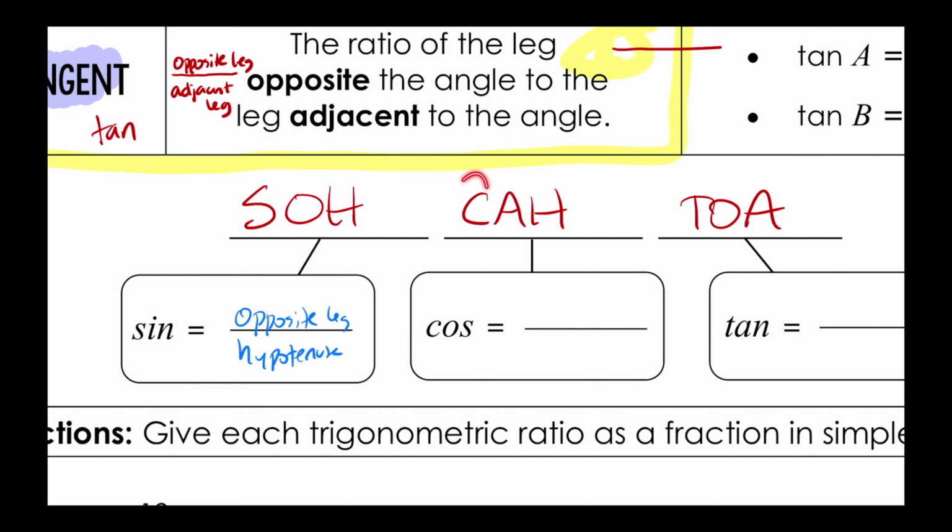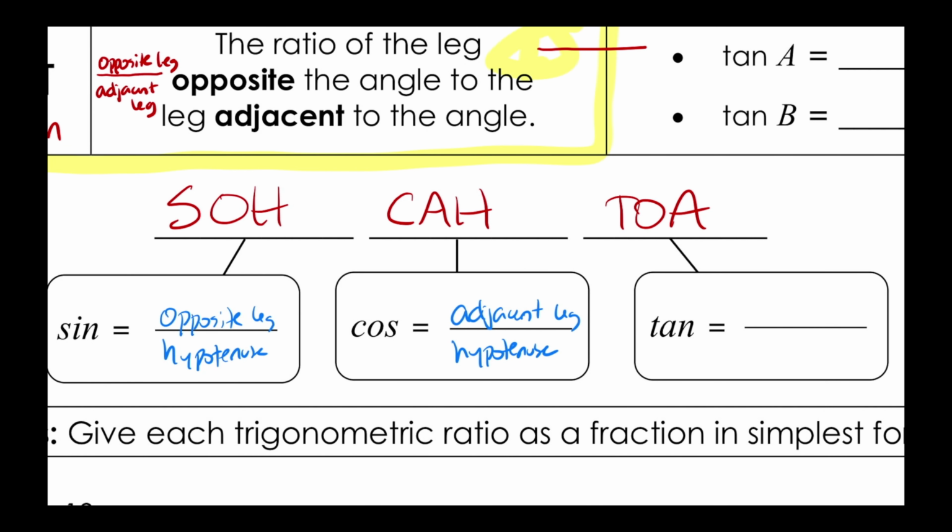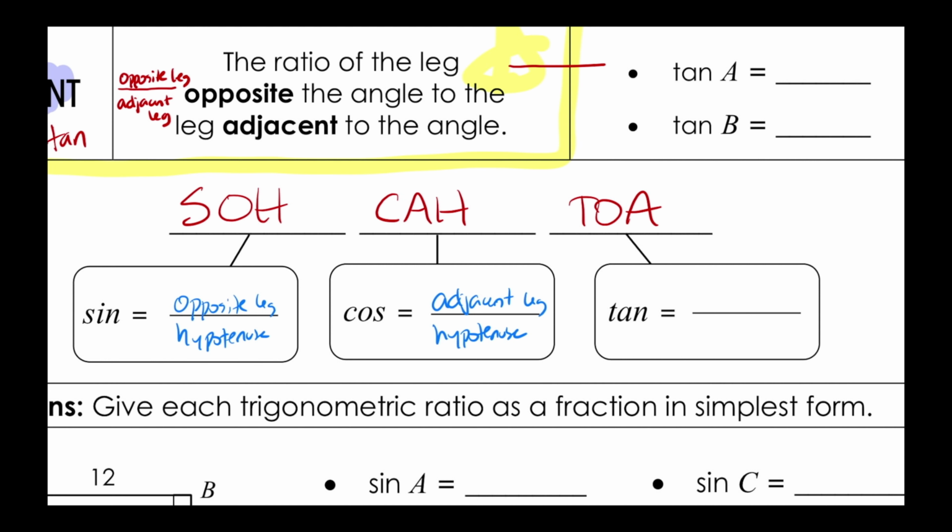C is for cosine, A is for adjacent leg, and H is for hypotenuse. And then TOA: the T stands for tangent, the O stands for opposite leg, and the A stands for adjacent leg.